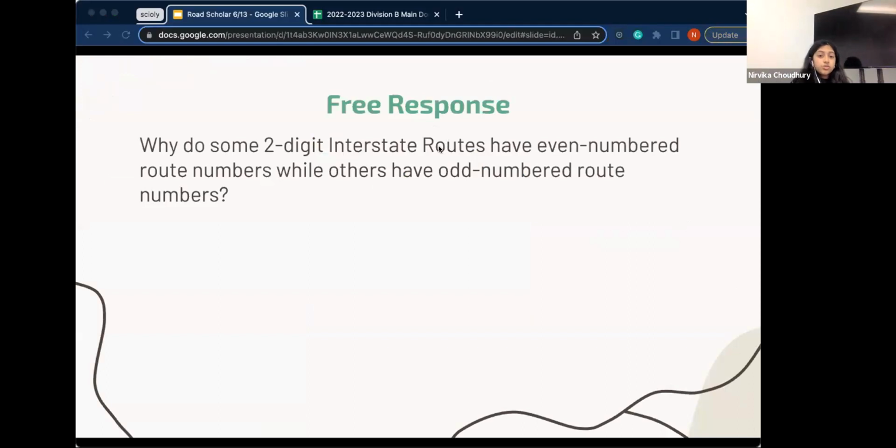Okay, but which ones go from north to south and which ones go from east to west?